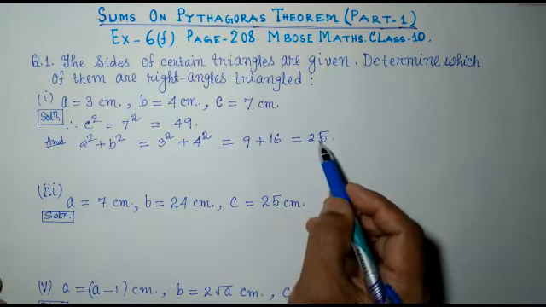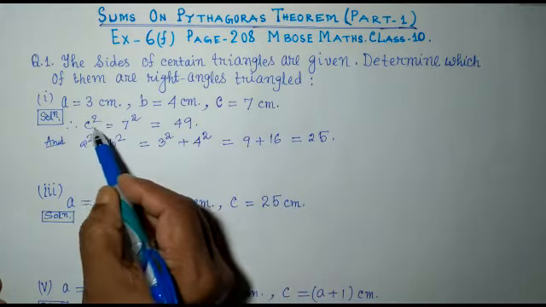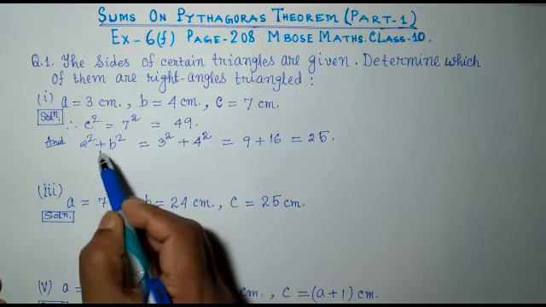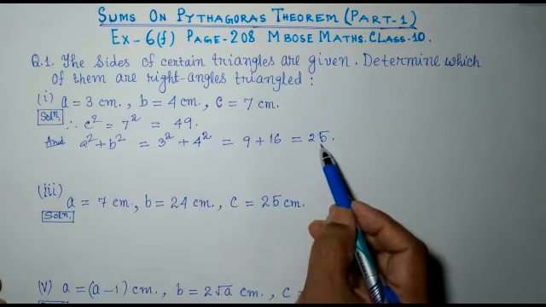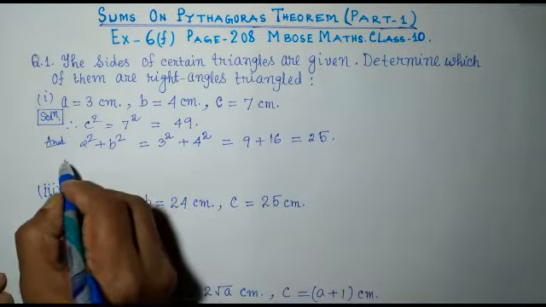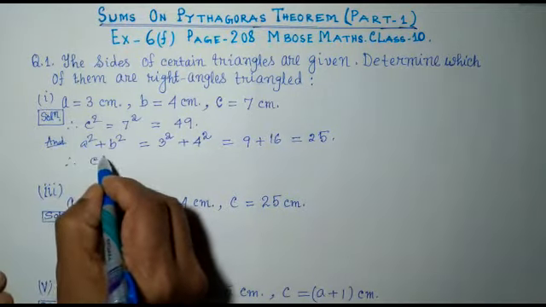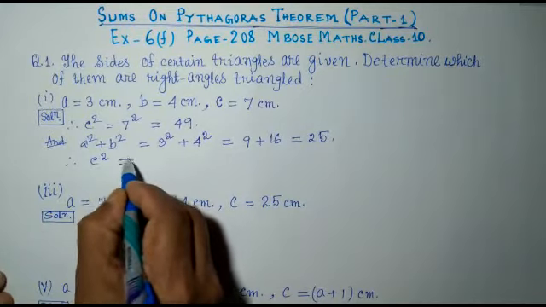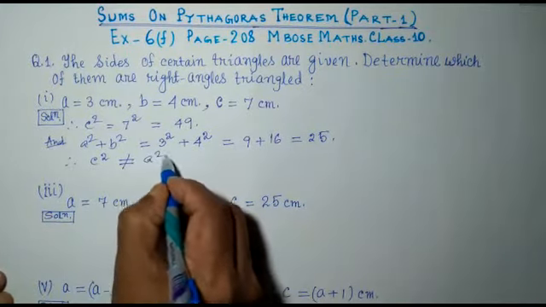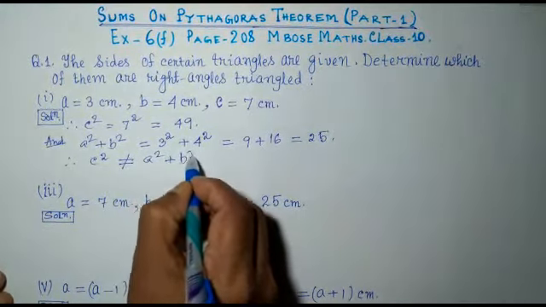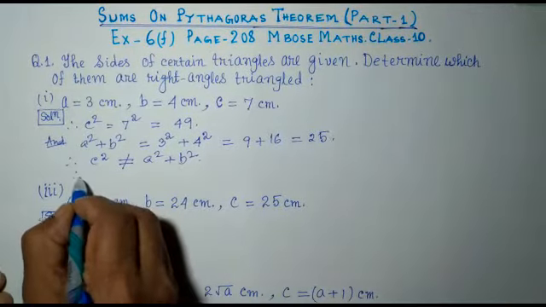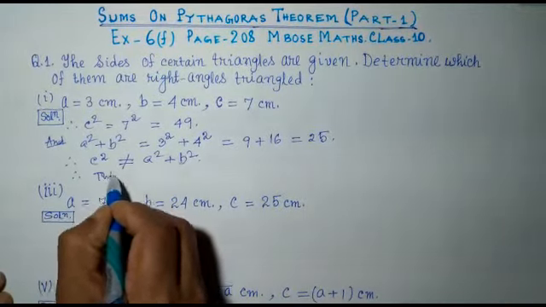So we see the square of the longest side is not equal to the sum of the squares of the other two sides. So we write, therefore, C square is not equal to A square plus B square. So this triangle is not a right triangle.